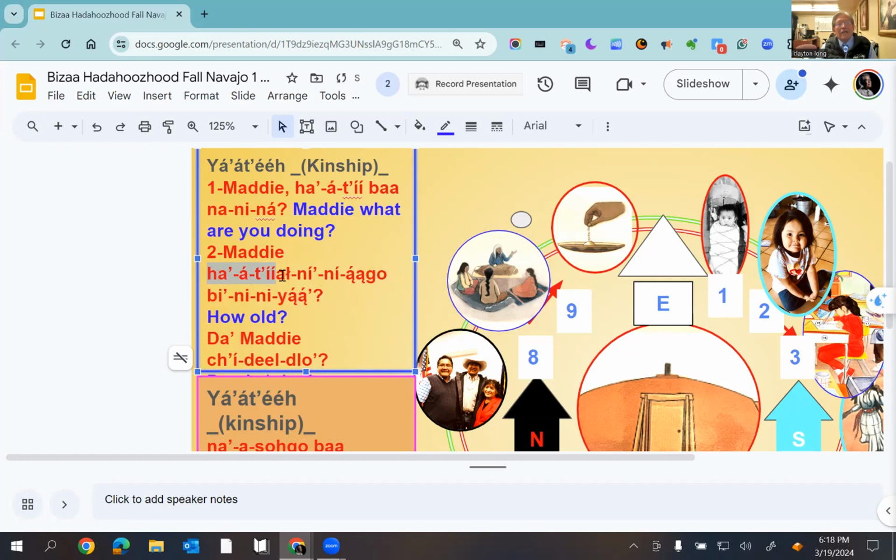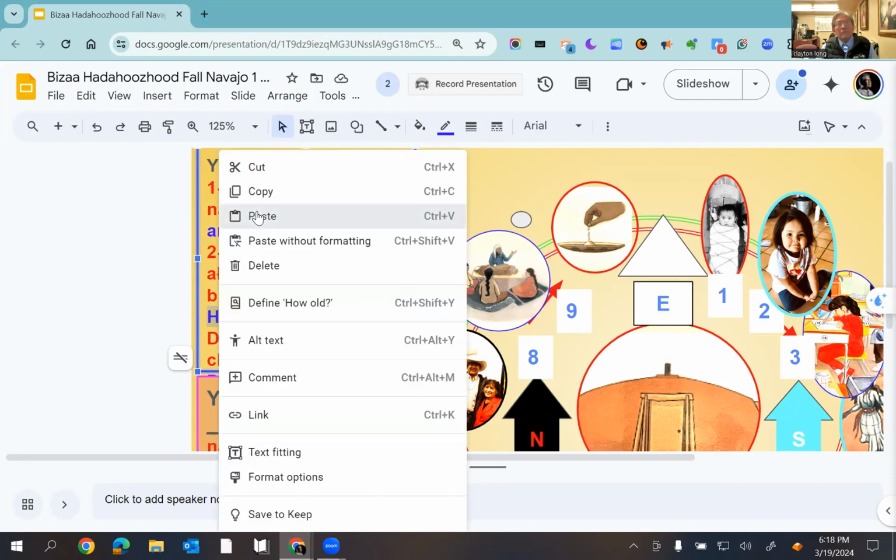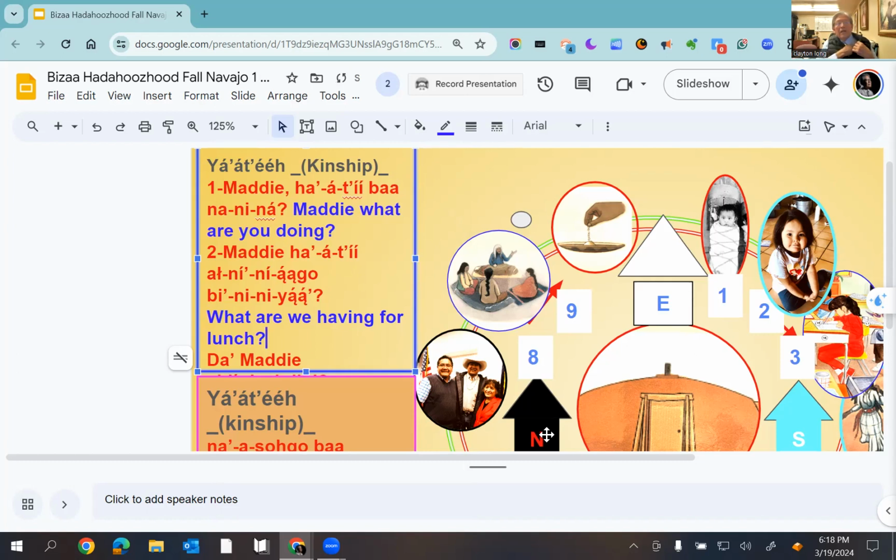We could say, Maddie, hati ago, but when it comes to noon, what are you going to eat? So what we had here, we'll put right here. What are you going to have for lunch?